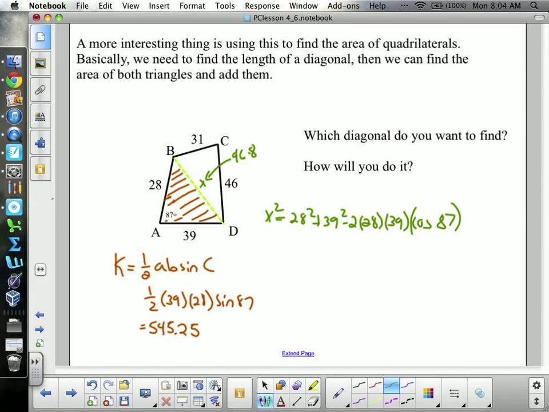And now I can use Heron's formula to find the area of that triangle. I could have done that first to use Heron's formula for both triangles as well. But this one was so easy to get with this formula, why bother even with Heron's? This is almost easier than Heron's for this one. It's quicker.